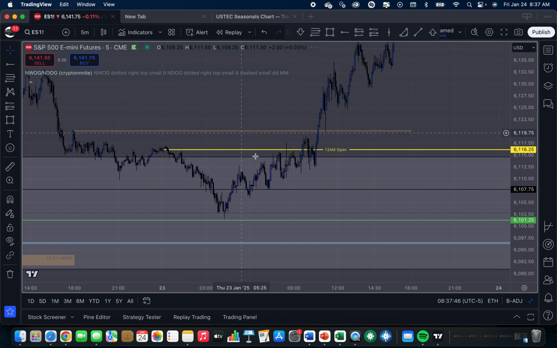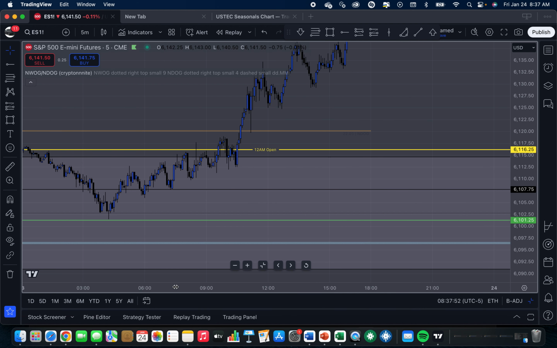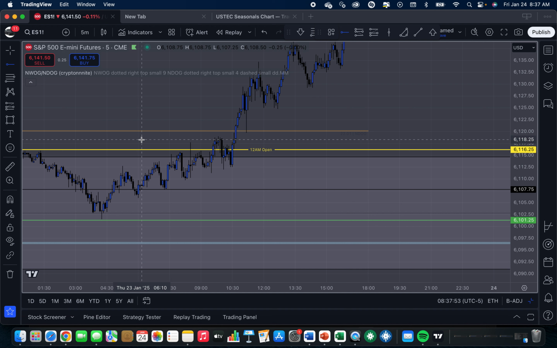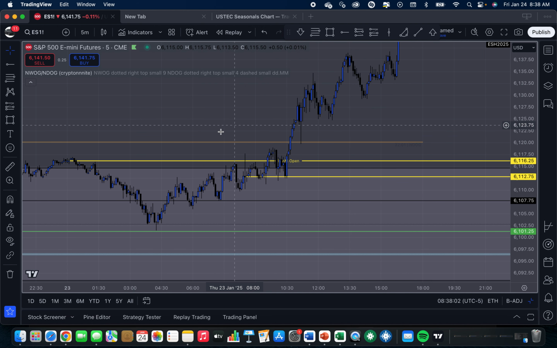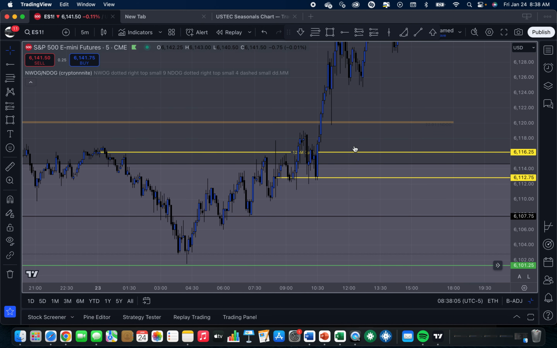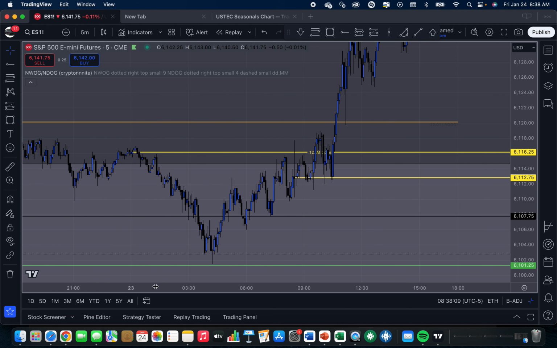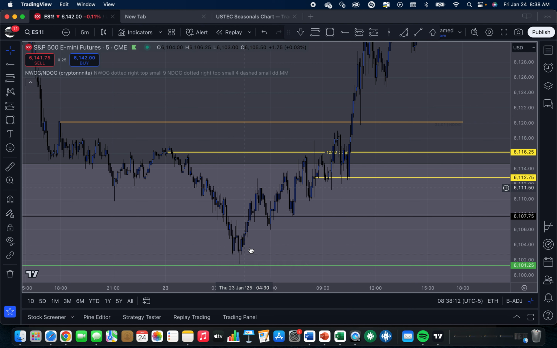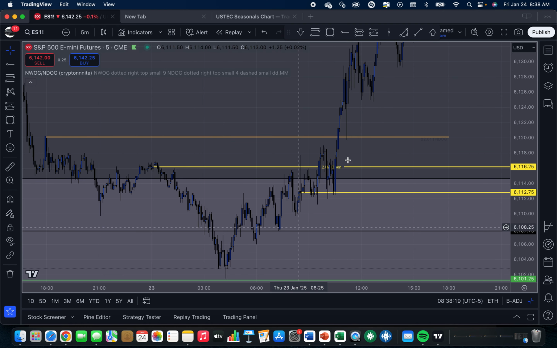So now we drop to the lower time frame, and we have 8:30 a.m. open right here. So we have price that displayed PO3 with a 12 a.m. open. We came down low. We grabbed all this liquidity. Once we're in this zone, we expand higher, bounce off of these breakers here, and price continues here.